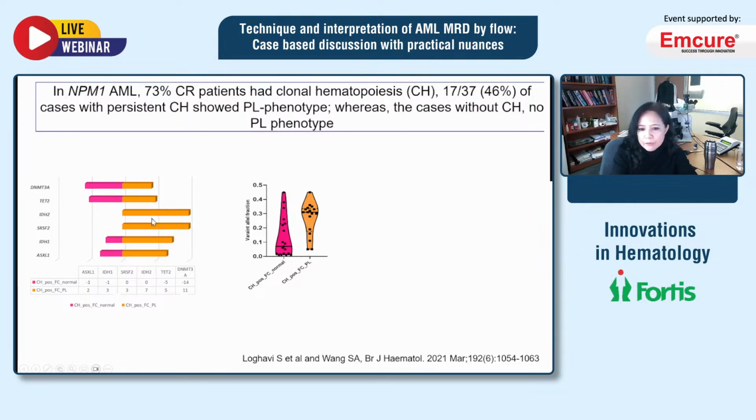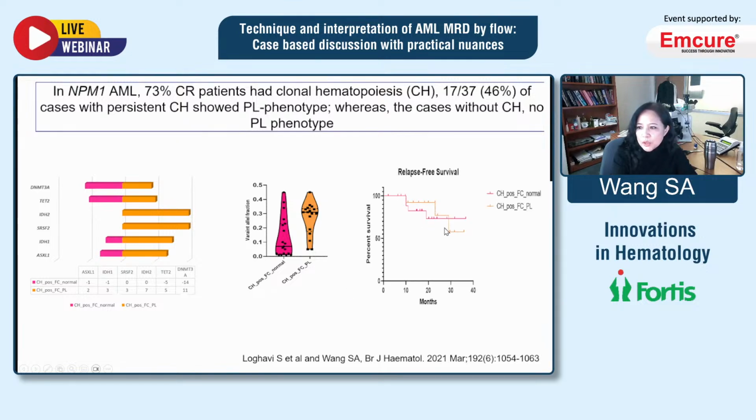If you see this pre-leukemic cell immunophenotype, it tends to correlate with certain mutations like IDH2 and SRSF2. They tend to have a higher VAF, the ones with flow abnormality, compared to the ones without flow cytometry abnormality. But the important thing is, they actually don't affect relapse-free survival.